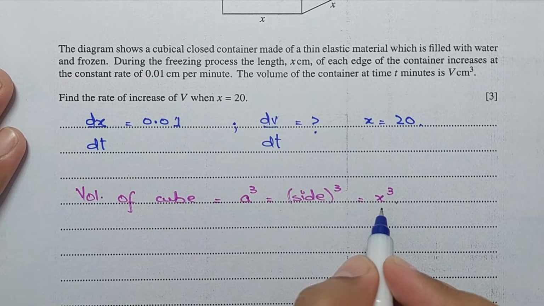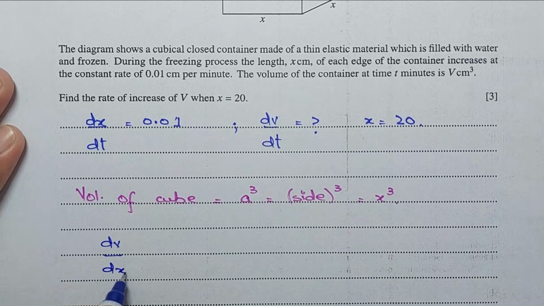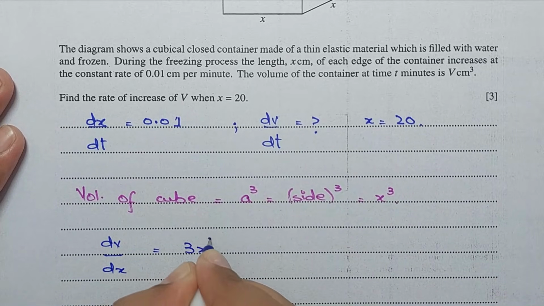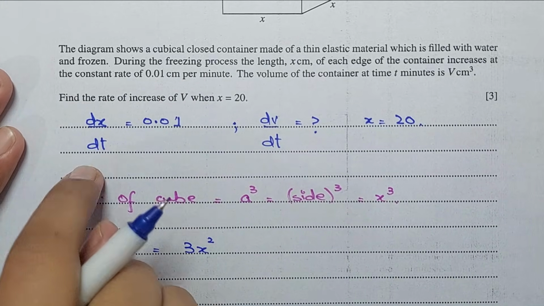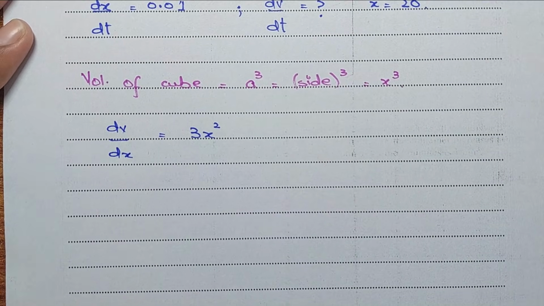So volume is a function of x. What is dV over dx? The derivative of volume with respect to x is 3x square. So we have dV over dx and dx over dt, and we need to solve for dV over dt. Now let me apply the chain rule.